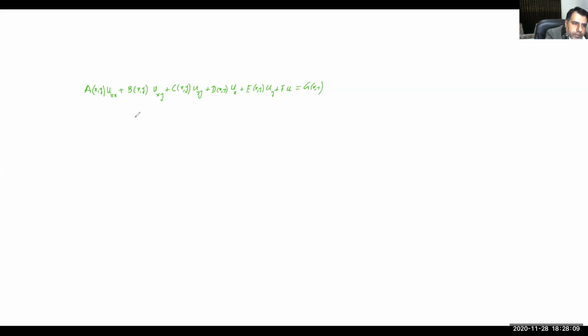is said to be parabolic if b square minus 4ac is equal to 0 for all xy in the domain omega.